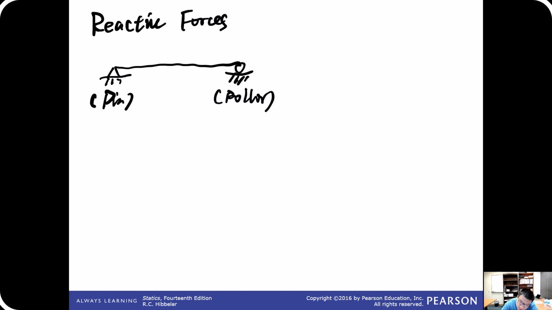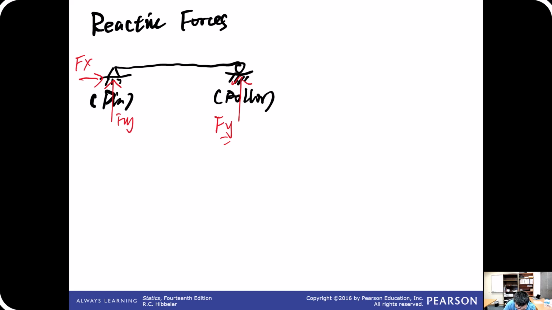For the pin, it has two reactive forces, in both Fx and Fy direction, but for the roller, it has only one unknown, which is Fy in the y direction. Because the roller cannot provide any support in the horizontal direction, it can only have reactive forces in the vertical direction, which is the y direction.